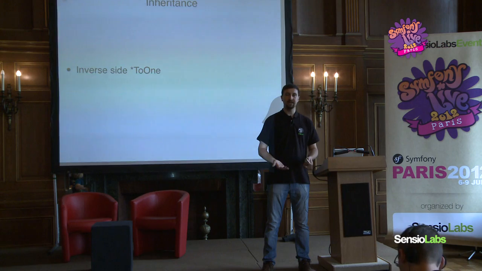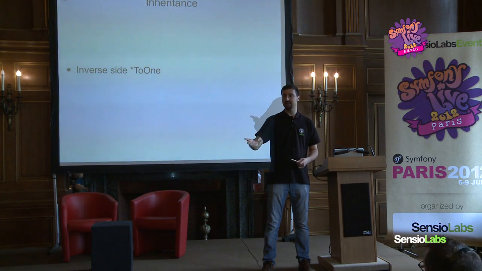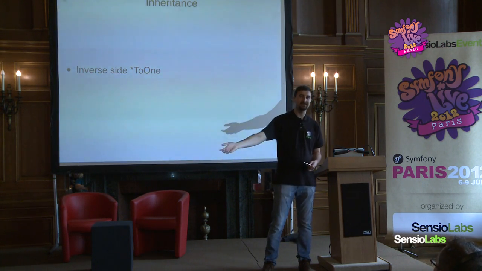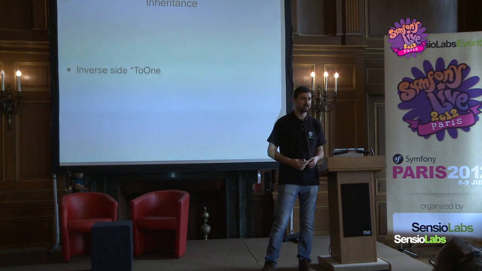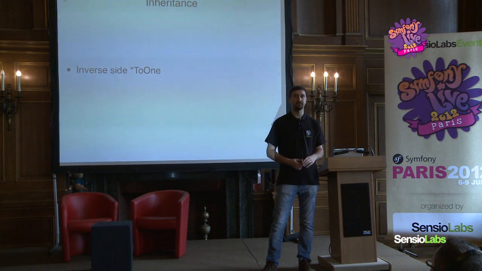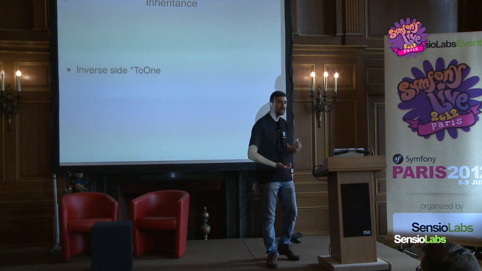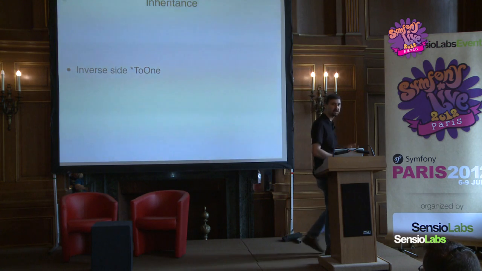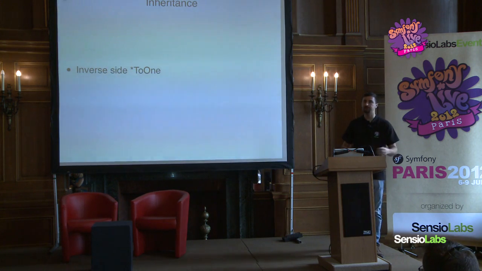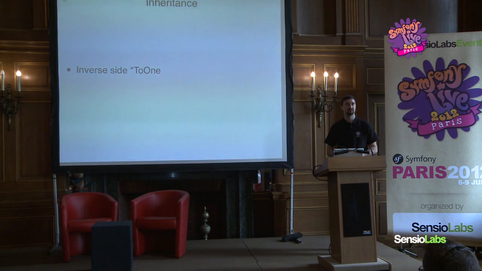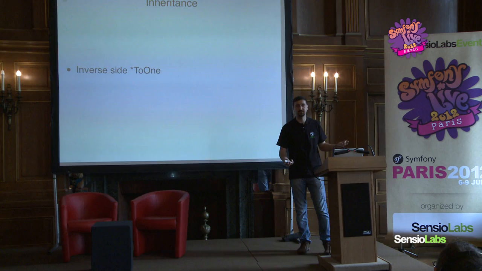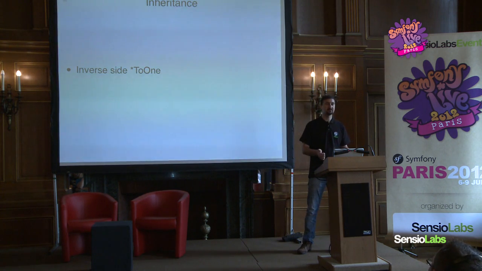Since the user ID is what you actually have inside of the database, instead of the address, whenever you try to fetch the address, it's going to automatically load the user. It's going to execute one query. Why? Because you just don't know what you have from the other side. You just don't know if you actually have a user, an employee, or a manager. It's an object-oriented issue. It's not an ORM issue. This one is fine?